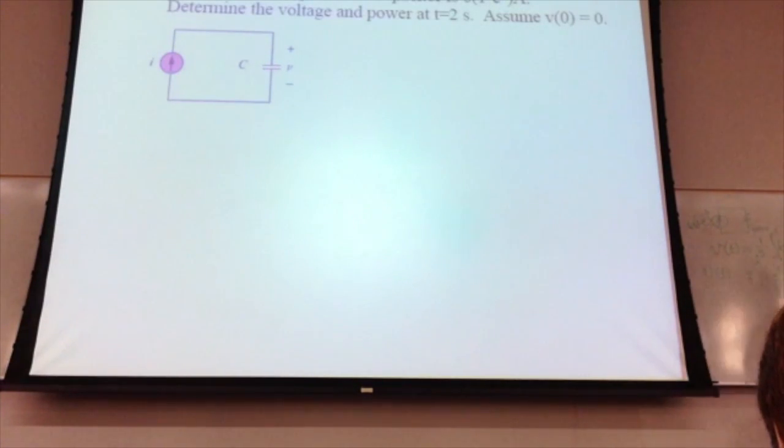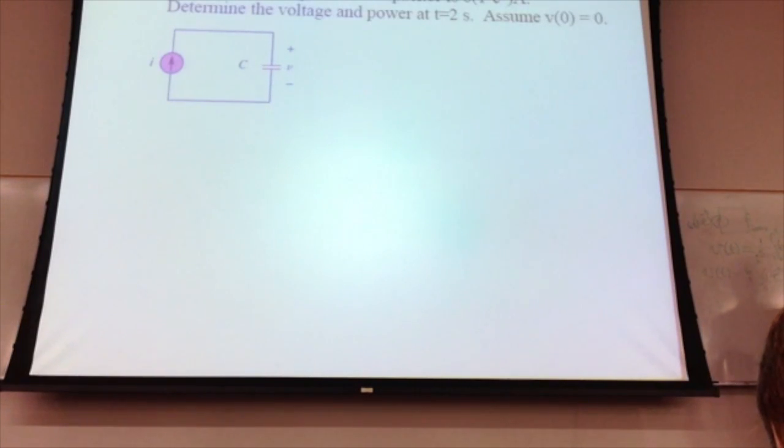Now, I have the integral of 2 functions. One happens to be a constant function, and the other an exponential function. When I have the integral of 2 functions, what can I do? You can split it up. So 6 over 0.5 gives me 12.